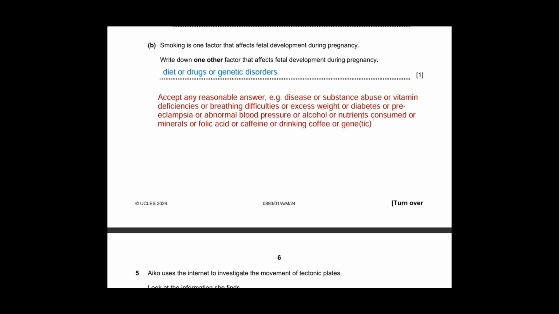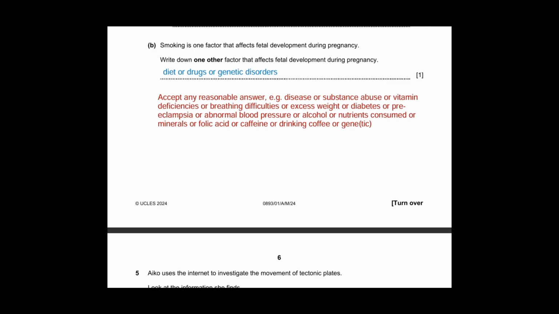Question 4b. Smoking is one factor that affects development during pregnancy, fetal development. So which other factor can affect fetal development? A variety of answers may be correct here. Your teacher will use his knowledge of science to determine whether or not your answer is correct. But diet is one common example. A pregnant woman not feeding well may have a fetus not growing well.